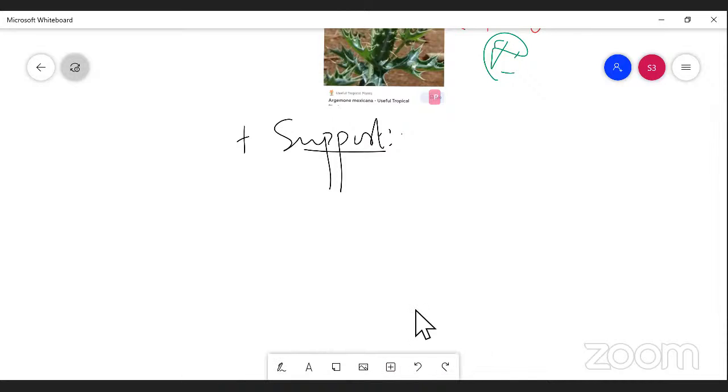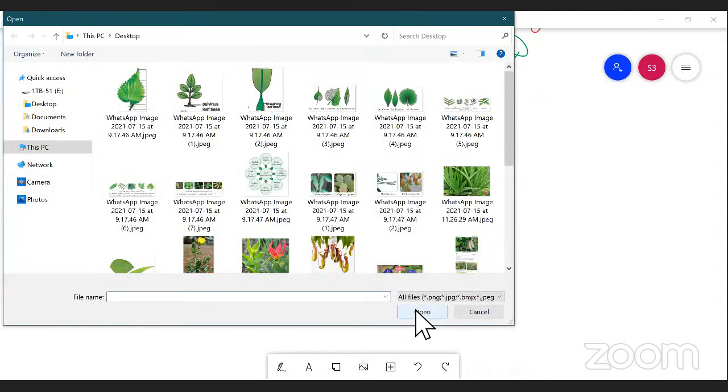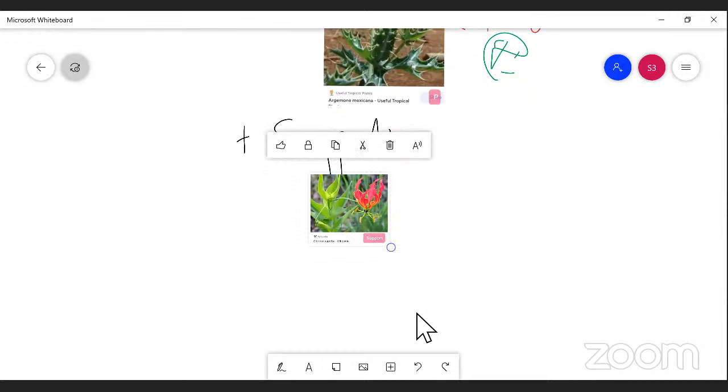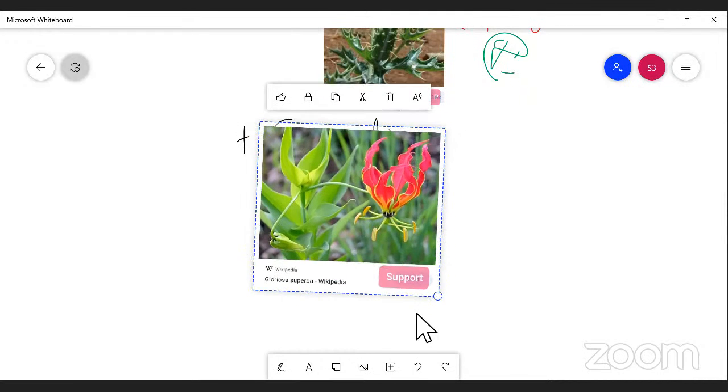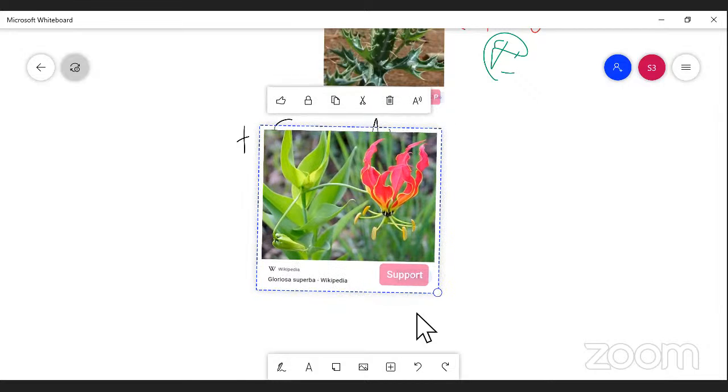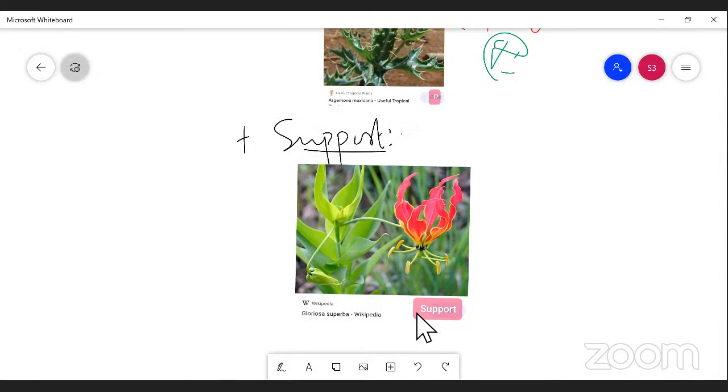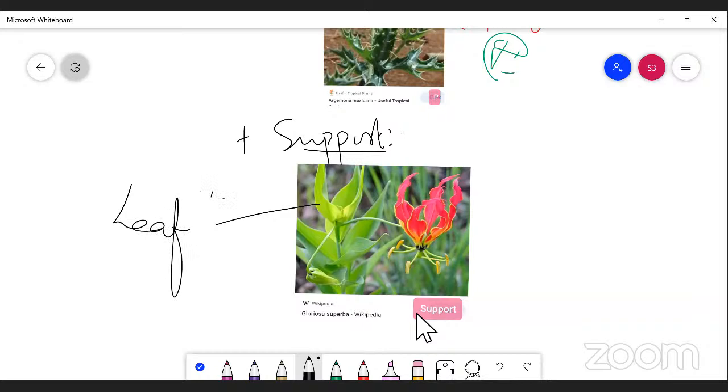There are many examples of that, but I am going to show you a few. The one is Gloriosa superba, right? It is a straight flower, because the leaves are providing support. Now in the picture you see this is a leaf, and the leaf tip gives support in order to carry the flower.